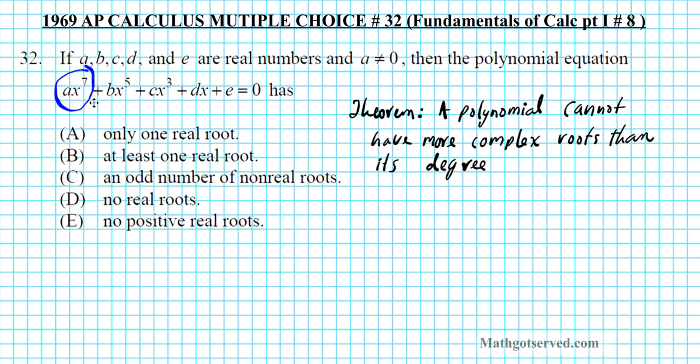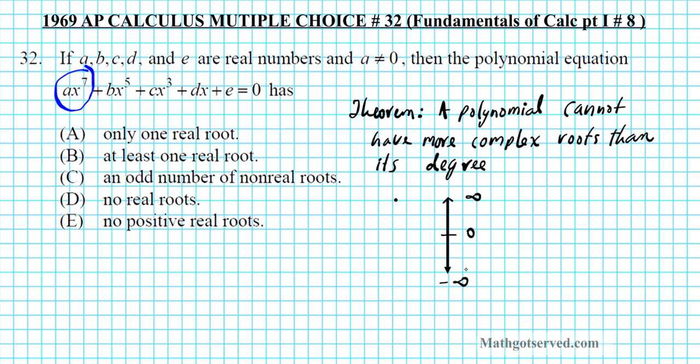So how do we know that we're guaranteed at least one real root? Now the question is, what is between infinity and negative infinity? Let me just draw a number line for you. If you're going continuously from negative infinity to infinity, what are you guaranteed to have hit somewhere in the center?